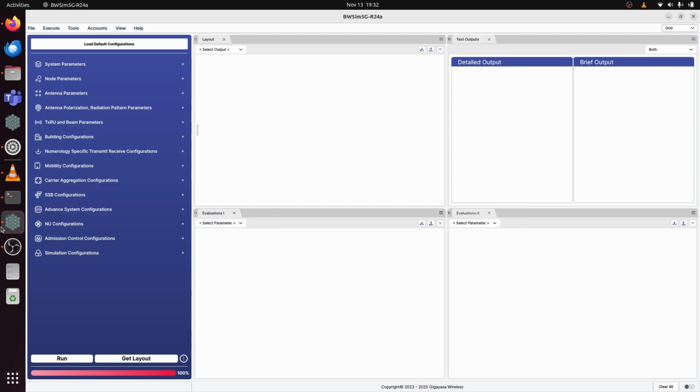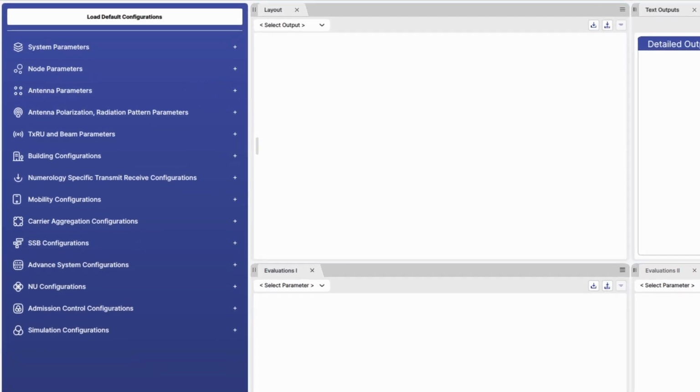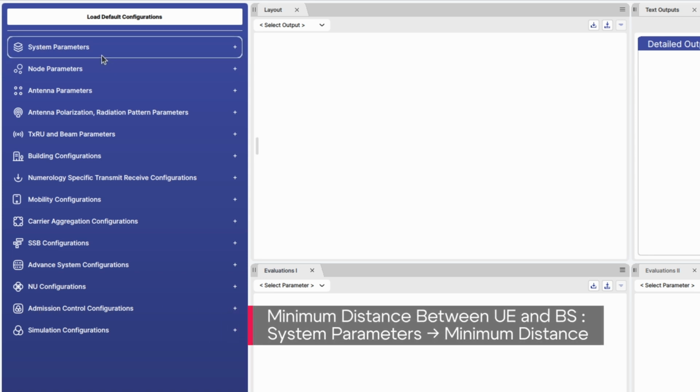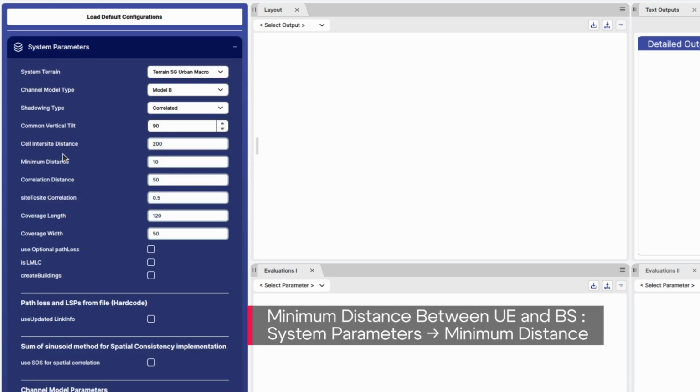The next topic of discussion is optimal ISD for differing terrain, with respect to the minimum distance between the user equipment and base station. The primary question one may face is how exactly can this be configured in the BWSim-5G? This can be done by changing the minimum distance parameter present in the system parameters option.